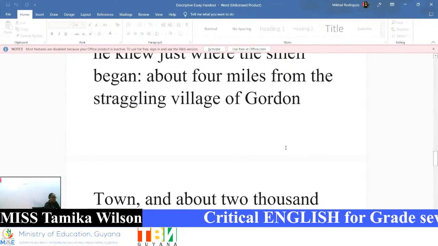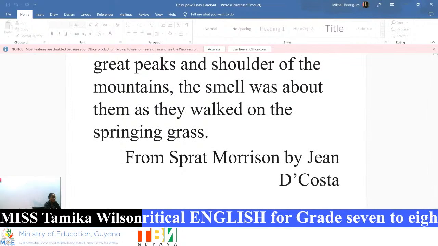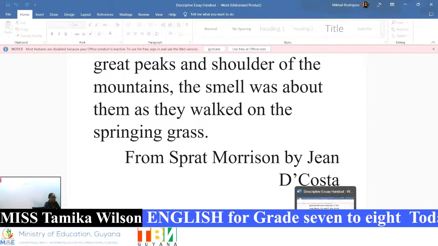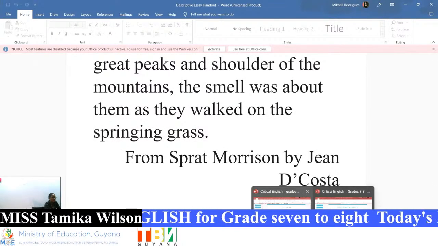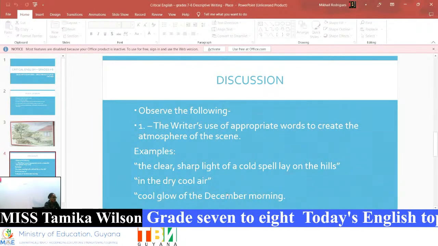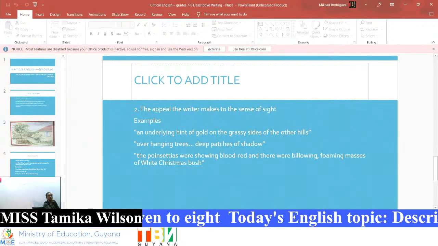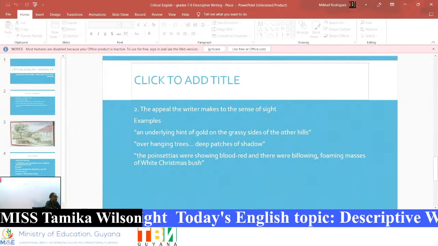All right, so I'm going through, and then of course I want to go back to the examples that I've identified.